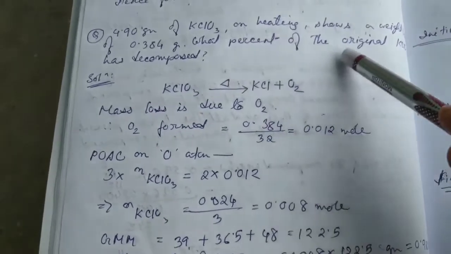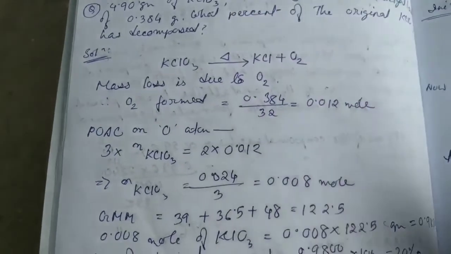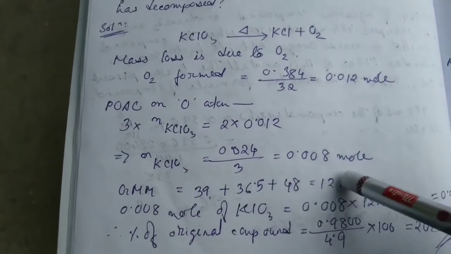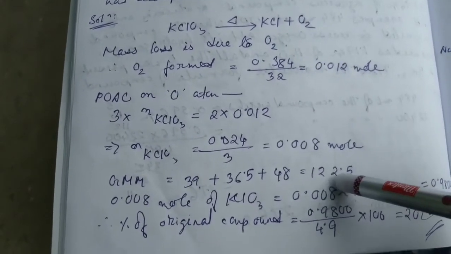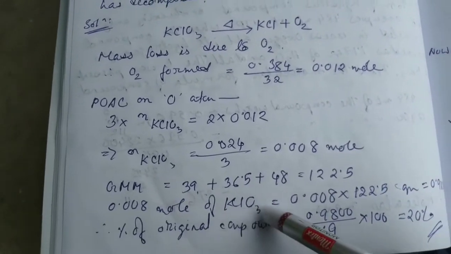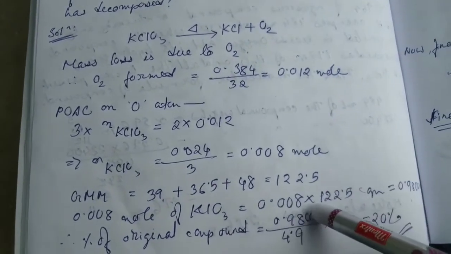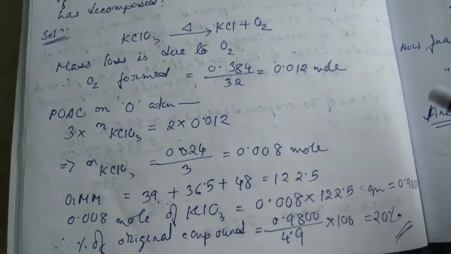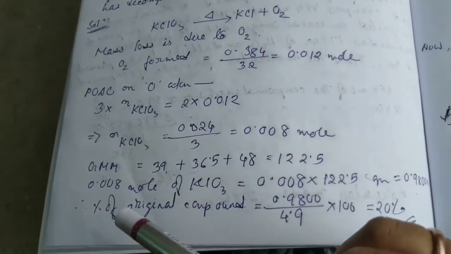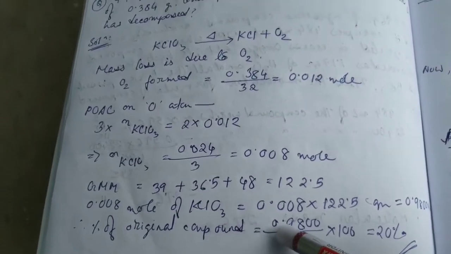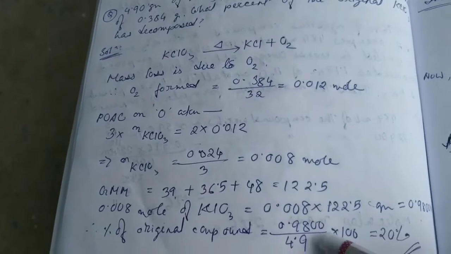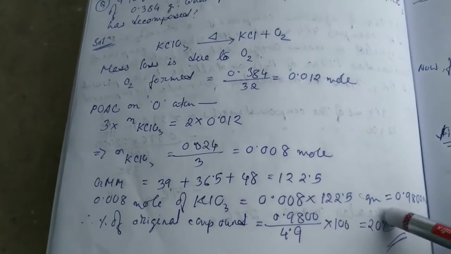Now what percent of the original KClO3 has decomposed, it was asked. GMM of KClO3 we already found in the earlier problem, that is 122.5. So 0.008 mole of KClO3 means 0.008 into 122.5 gram, that means the mass will be 0.9800 gram. Hence the percentage of the original compound is 0.9800 out of 4.90 gram, multiplied by 100, so that means 20%.